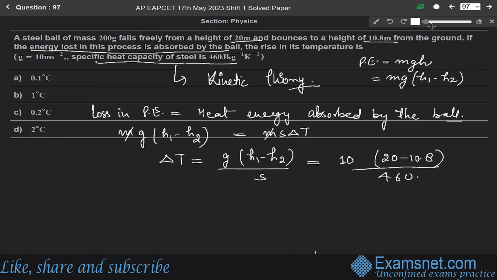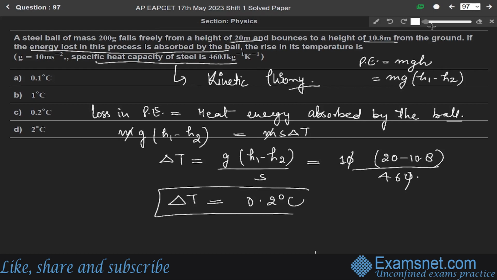Solving this, we get delta T equals 0.2 degree Celsius. So the correct answer is option C.